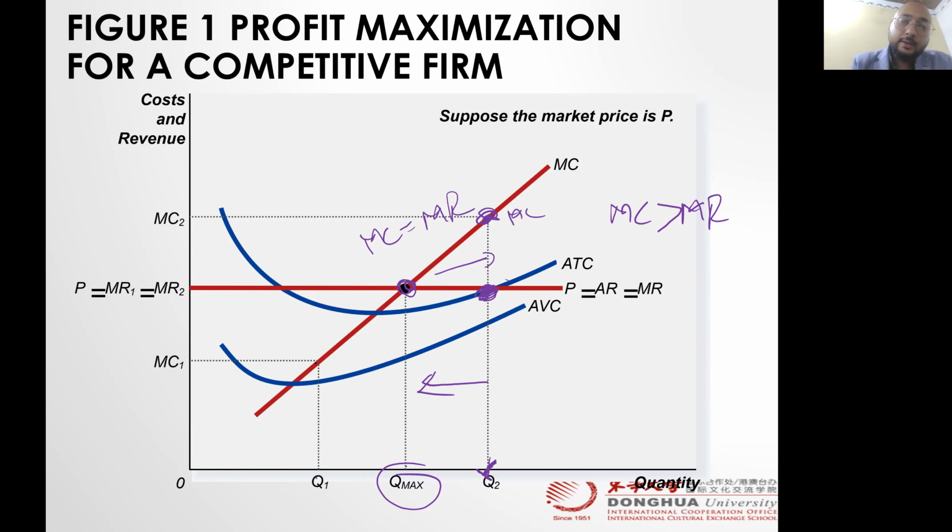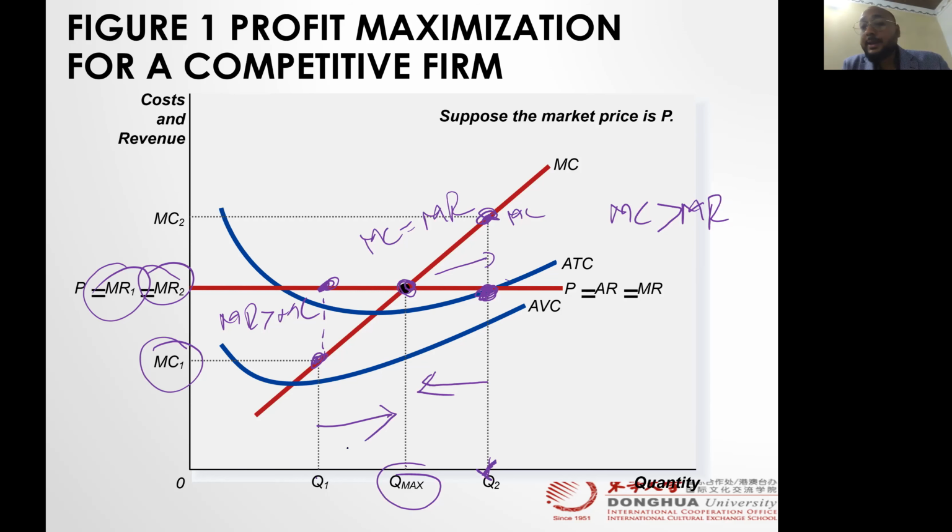At Q1, this is your MC, and this is your MR. Here, MR greater than MC, so you ask your manager to increase the shift or hire more people to produce more, because producing more will give you more profit.